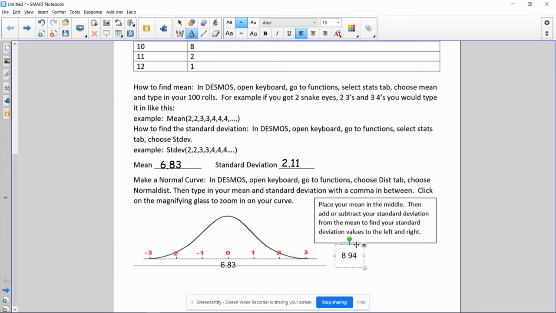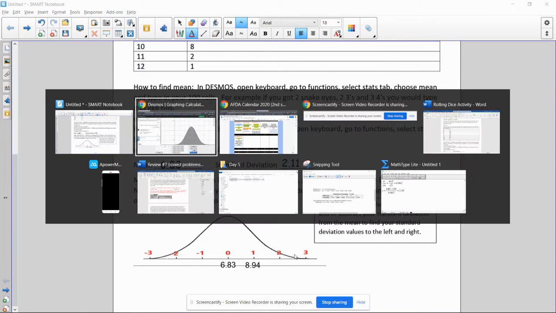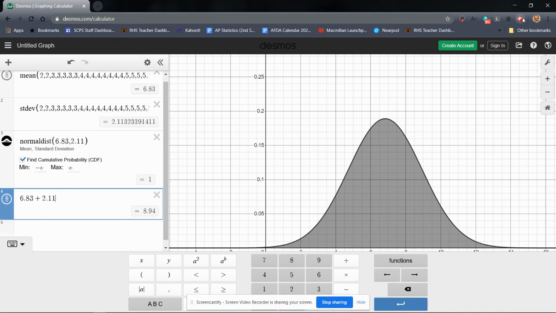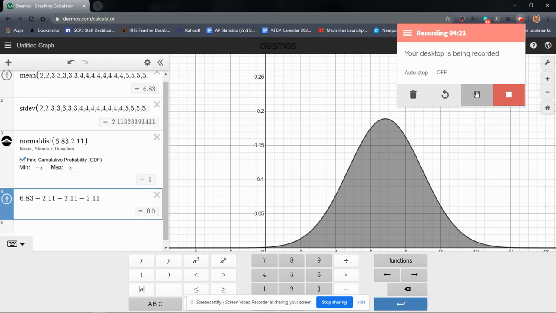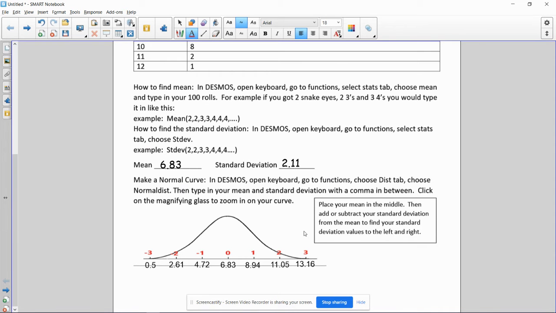Drag that over. Then I just add and subtract it again to get left and right standard deviations. I'll pause the video and do that. Okay, so I got 6.83 plus 2.11 all the way to 13.16 and minus 2.11 all the way to 0.5.